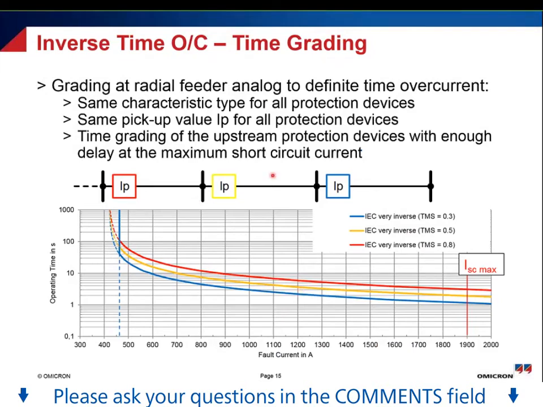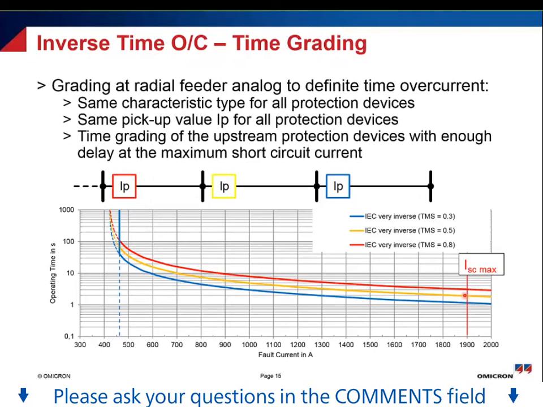And once again, we do a time grading of the upstream protection, and the time delay between the downstream and the upstream protection relay must be long enough, the same rule as before, between 300 and 500 milliseconds, but the question is where. And here you choose the setting with the highest possible current, which is the maximum short circuit current.